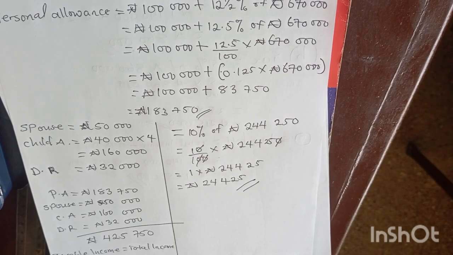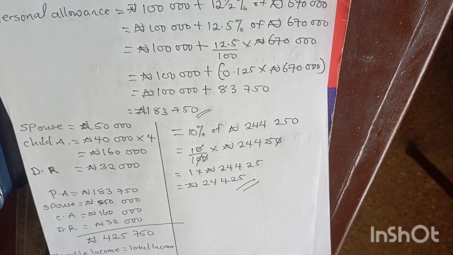If children are not mentioned, you leave it out. So you only work with what the question says. If the question says it's only a man, and it also talks about dependent relative, that means you go with personal allowance and dependent relative only.